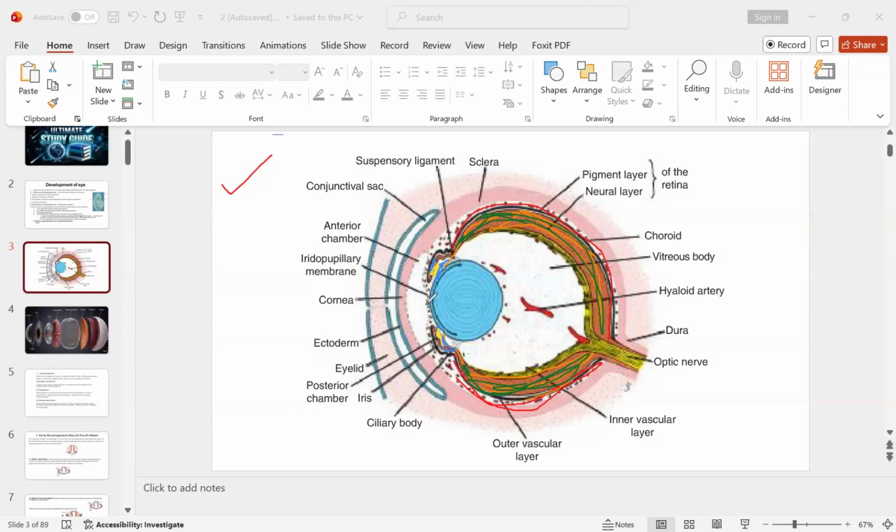And the part which is covering or is present beside the ciliary body, this one is the pars ciliaris retini. So this is pars ciliaris retini. So these are the layers of the retina. Now let's move to the process for the development of retina.